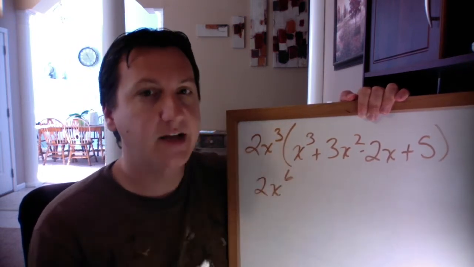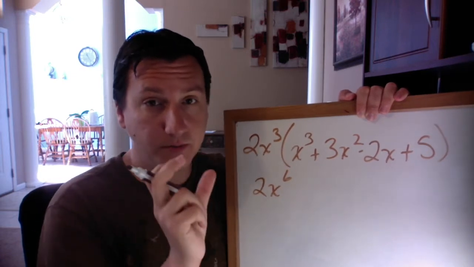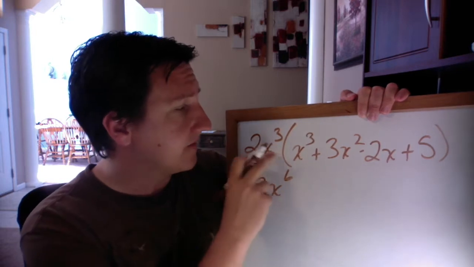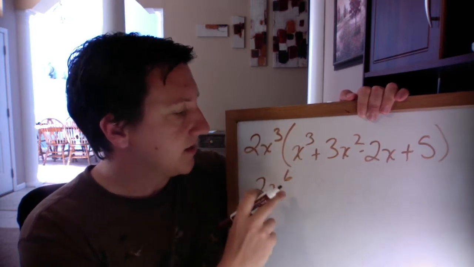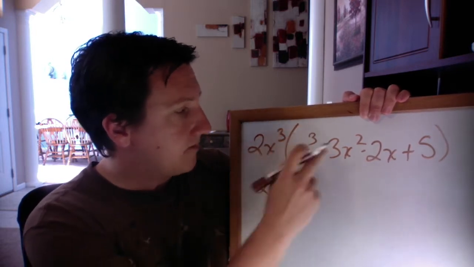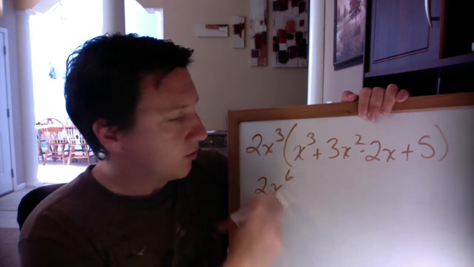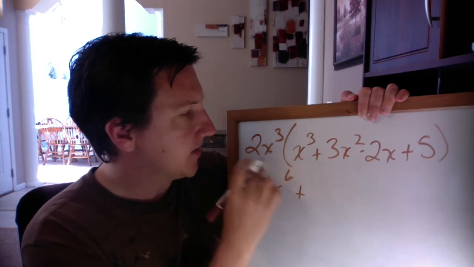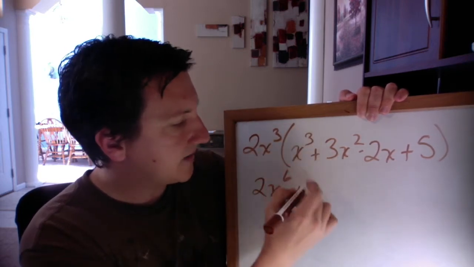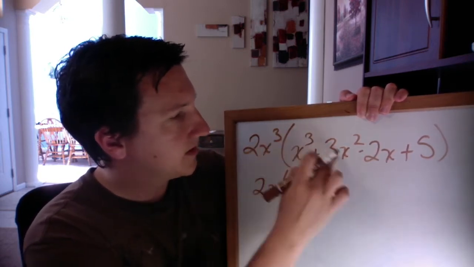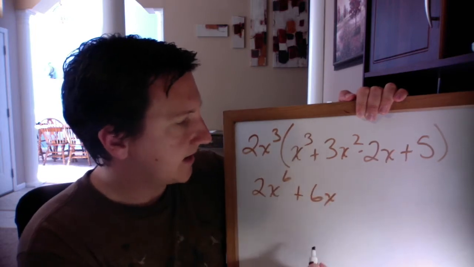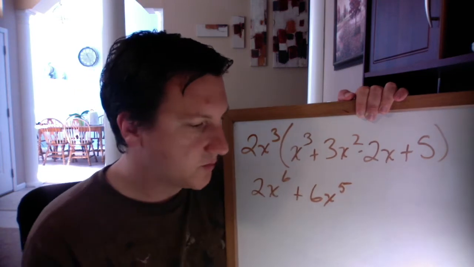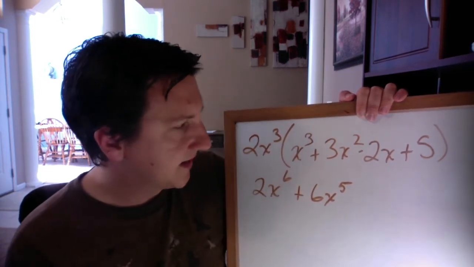Remember, we add those exponents when we're multiplying bases that have the same base. Now we multiply 2x cubed times positive 3x squared. So it's 2 times 3, which is 6. x cubed times x squared is x to the 5th. I'm just adding those. So 2x to the 6th plus 6x to the 5th.